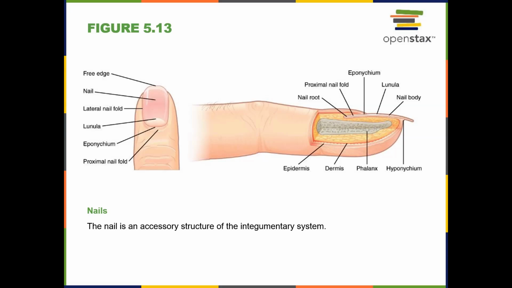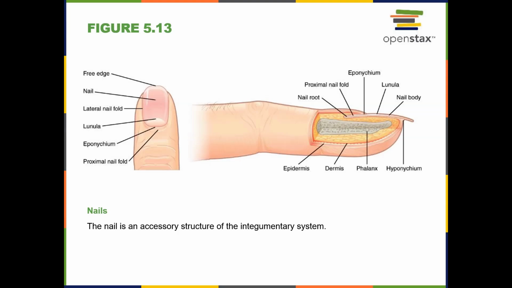There are stem cells inside of the nail matrix that divide and differentiate and produce the hard keratin of the nail. So the nail, like the hair, is essentially dead cells filled with keratin, and all that is left is the keratin that creates the exposed nail.